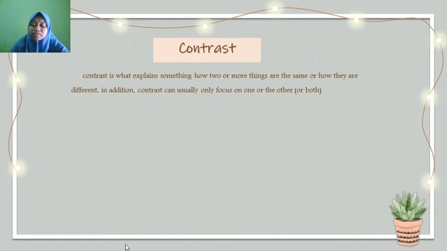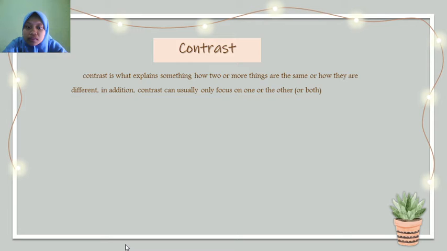Next, contrast. Contrast explains how two or more things are the same or how they are different. In addition, contrast can usually only focus on one or the other, or both.